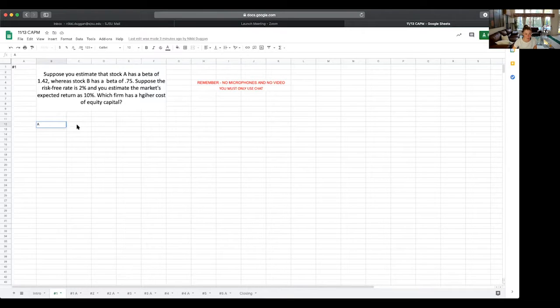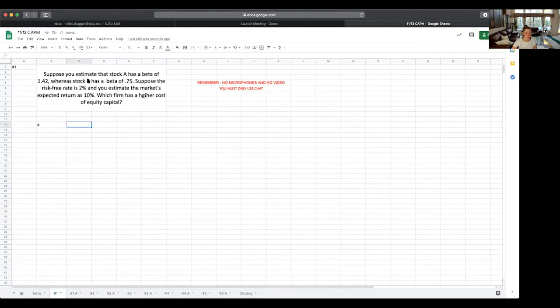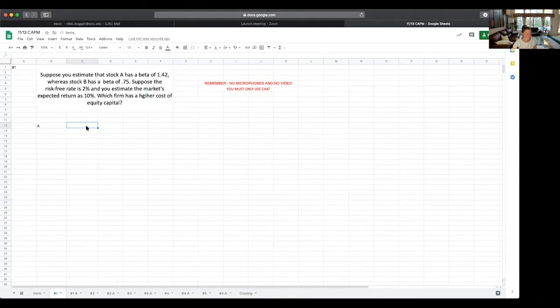So we're going to start with stock A. We'll have your risk-free rate is 2% plus a beta of 1.42, and then you multiply that by your market return or your market rate, which is 10%, minus your risk-free rate again, so that's 2%.